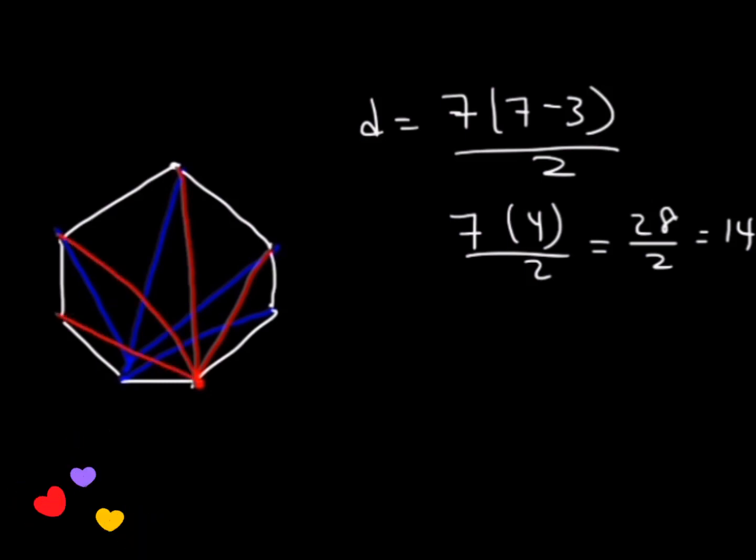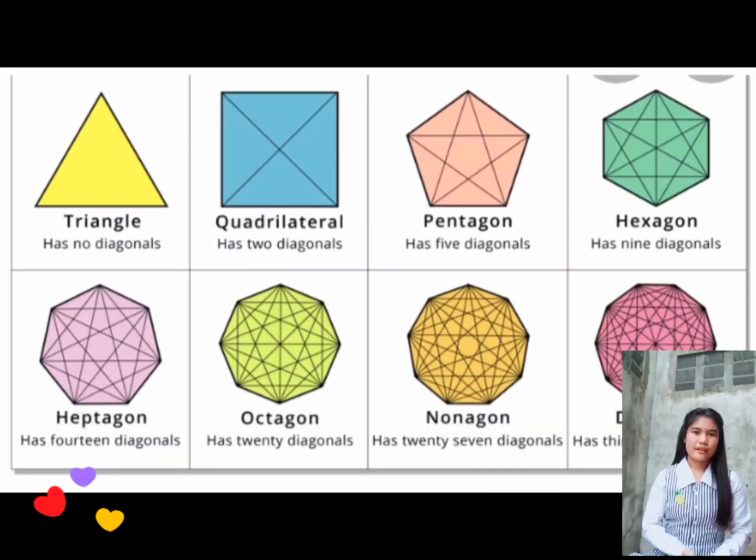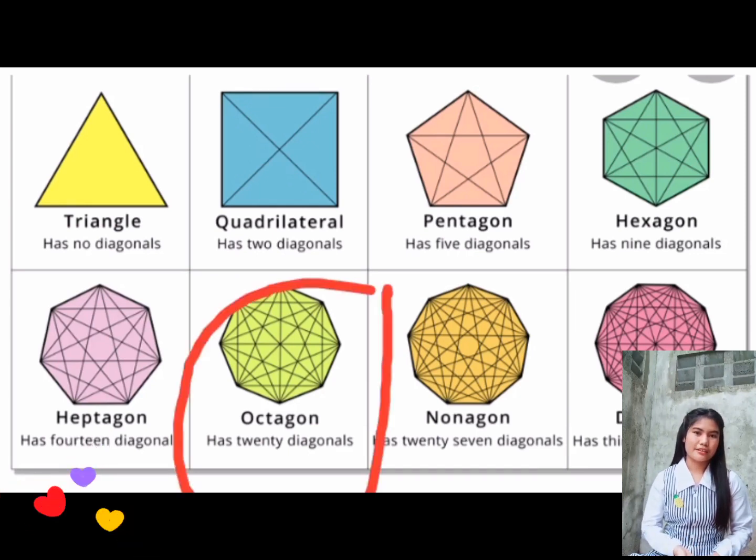Let's move on here. 9, 10, 11, and now starting this point, this is 12, 13, and the last one, this is 14. So we have 14 diagonals in a heptagon.